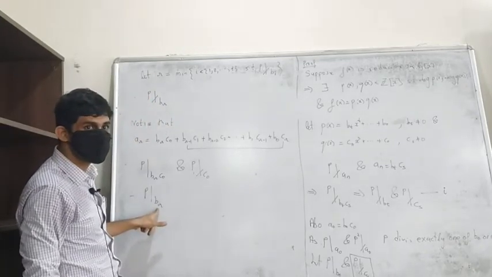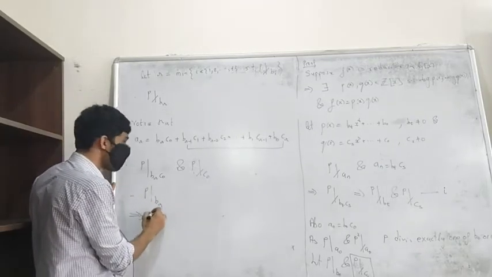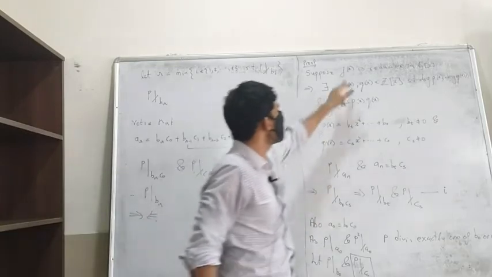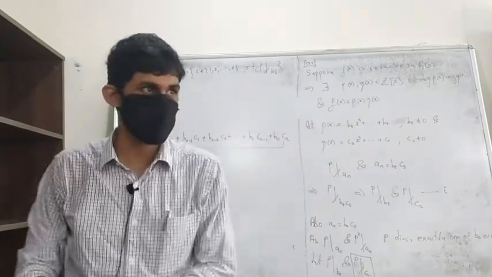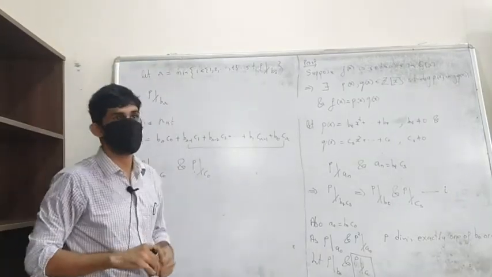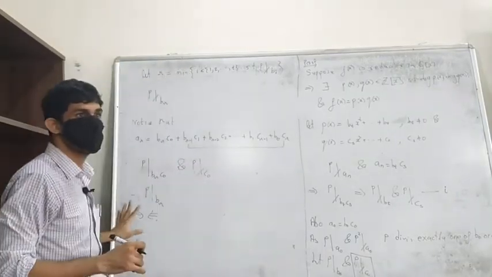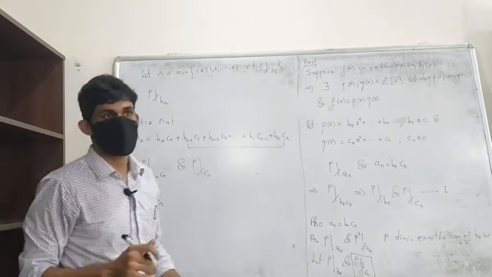This is a contradiction, and we have contradicted the assumption that the polynomial is reducible, hence it is irreducible. Okay, that's the beautiful argument of Eisenstein's criterion. Is that okay? Yes.